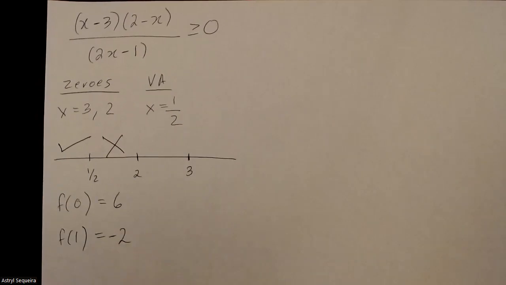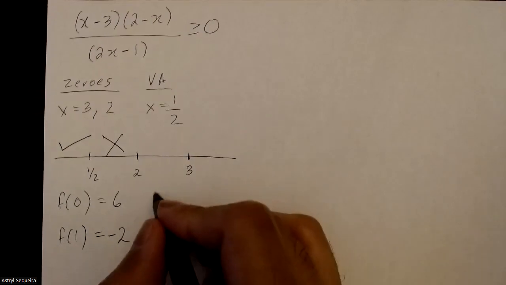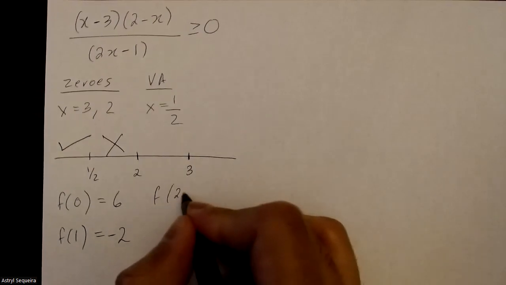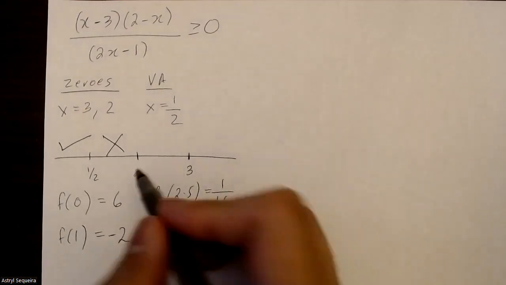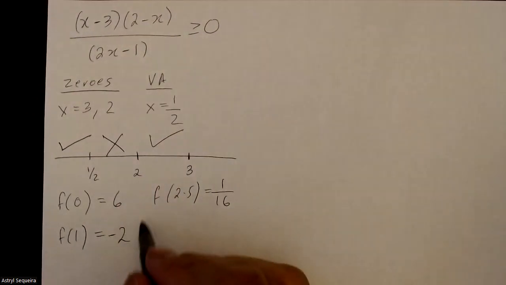I'll pick 2.5. And I get 1/16. 1/16 is greater than 0, so this is a good range here.